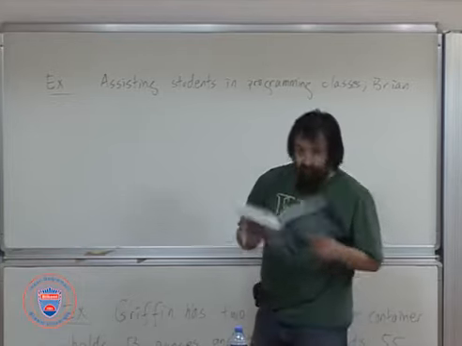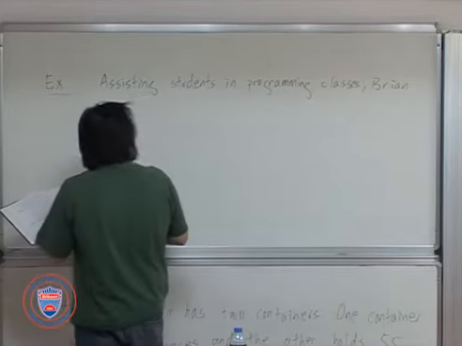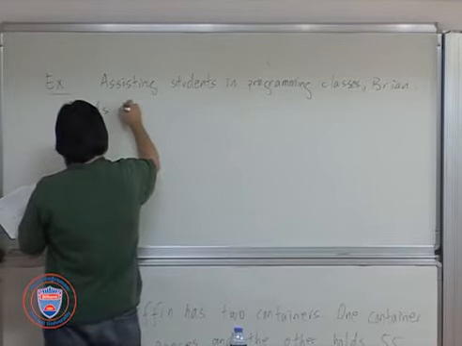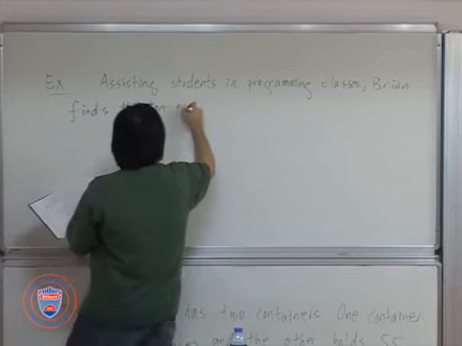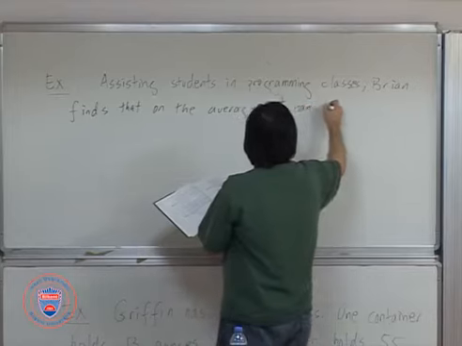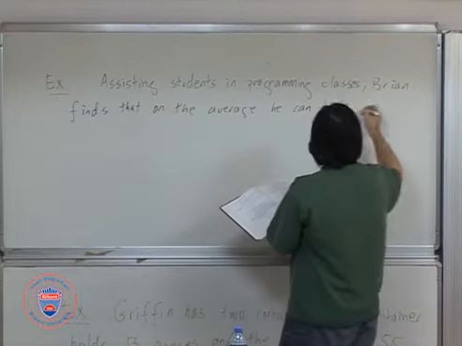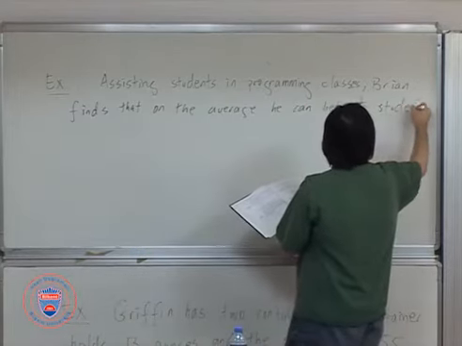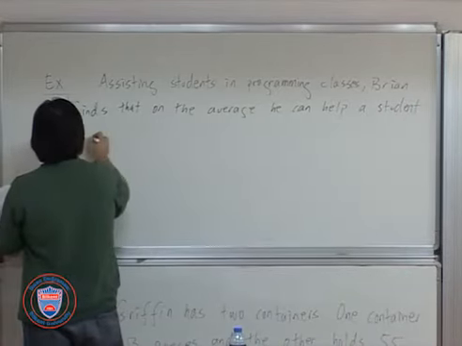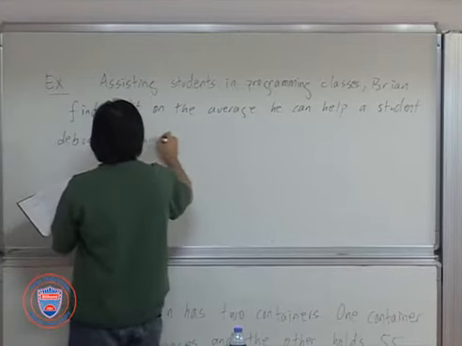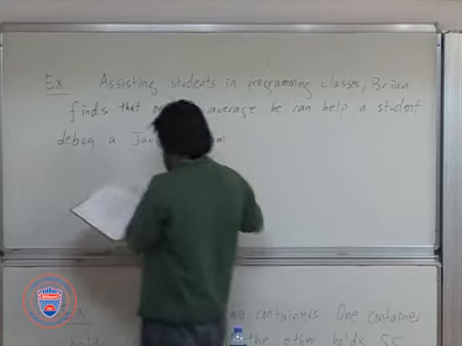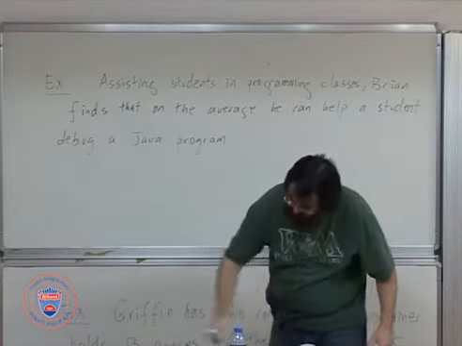This is from Grimaldi. So Brian finds that on the average, he can help a student debug a Java program in 6 minutes.